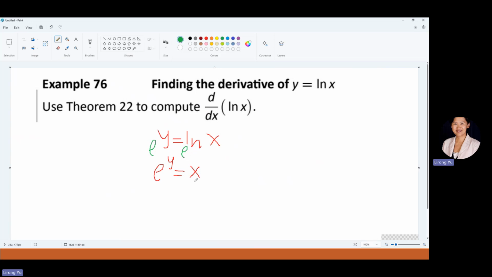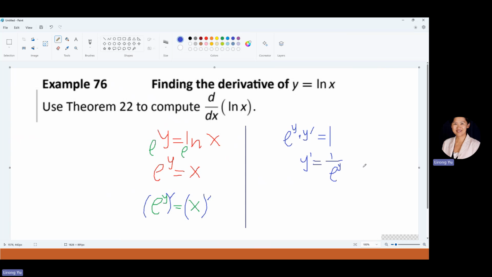Now we can find the derivative with e to the y equal to x. We'll find the derivative of the right side, and we'll also find the derivative of the left side. The derivative of x is equal to 1. The derivative of e to the y is e to the y times y prime. That's because the derivative of an exponential function is always itself, but then we have to multiply by the derivative of the inside function. So y prime is now equal to 1 over e to the y.